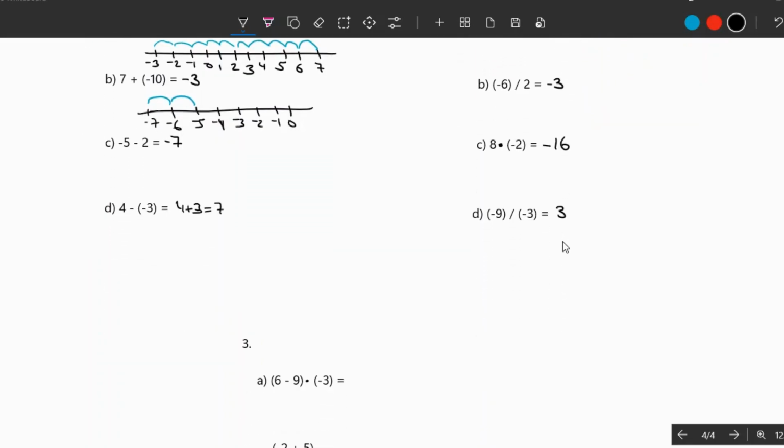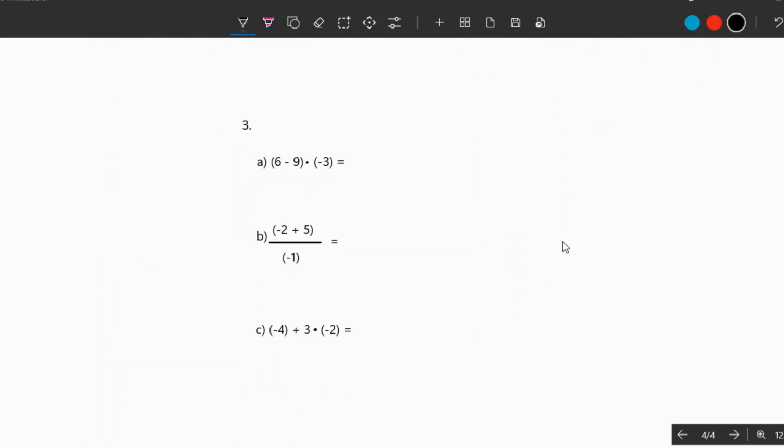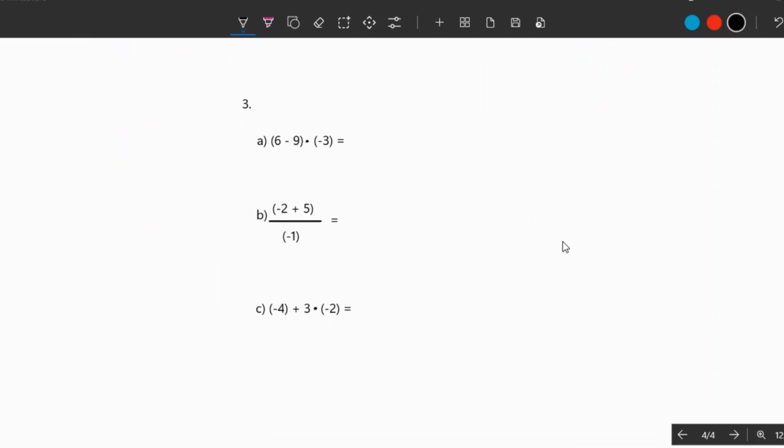Now let's move on to mixed examples where we have problems that combine operations. Let's start with solving the first question. Here we have 6 minus 9 in parentheses, and then we multiply it by negative 3. If we start by solving 6 minus 9, we have 6 and we take away 9.